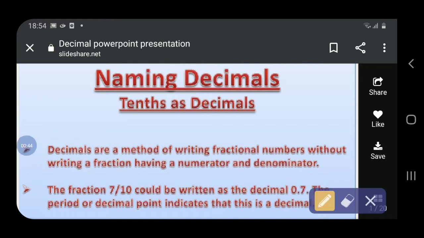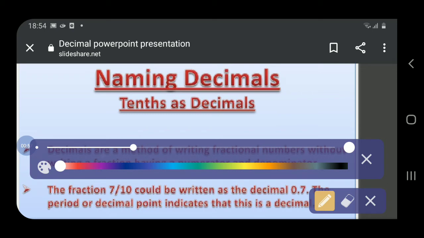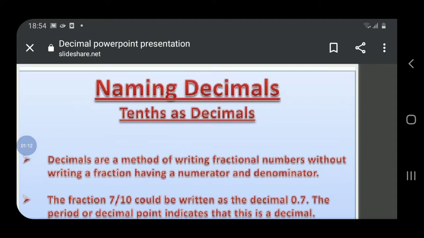It is written as 4.5. It is not written as a fraction. So it is a unique way to write a fraction or a decimal. I will just explain how to differentiate decimals and fractions. Decimals are written as 4.5.